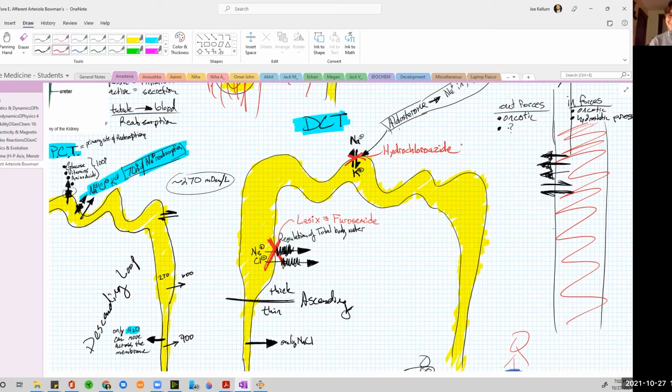Think back to the electrochemistry stuff. Well, if you're stopping the reabsorption of all of these ions, then you decrease cellular communication by chance. Okay, so in a way, yeah.